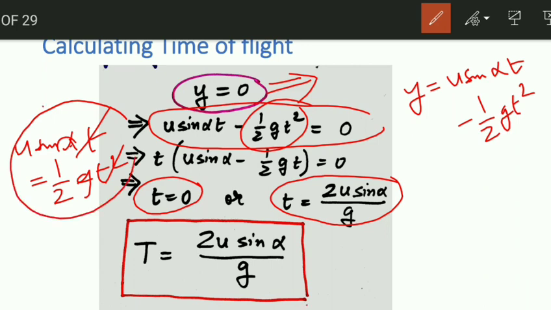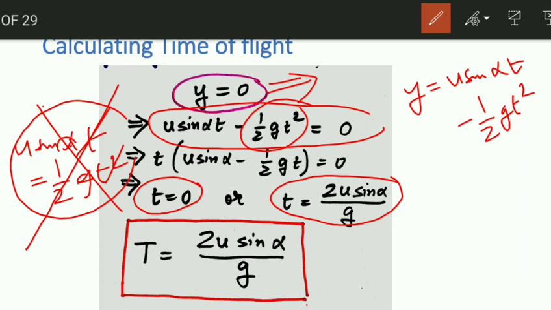This step is wrong. We cannot cancel t and t like that, because one of the values is t is equal to 0. So we have to take t common, make it a factor, and then find out the two roots.